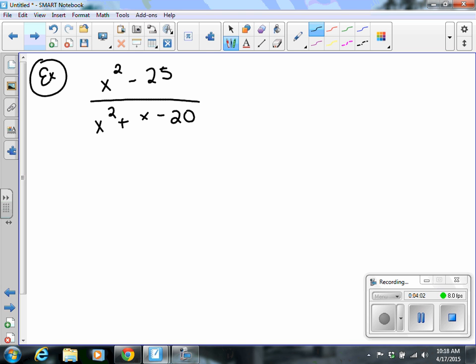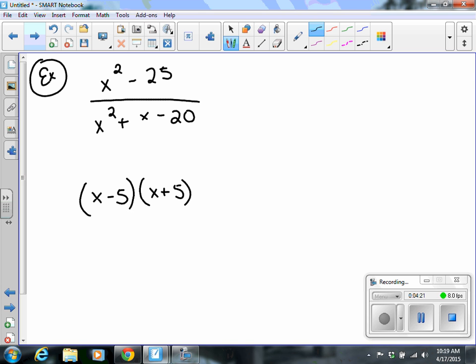So it might take a little bit for you to factor. You might have to factor using AC, you might not. It just depends. Looking at my top one, I'm going to have x minus 5 times x plus 5.